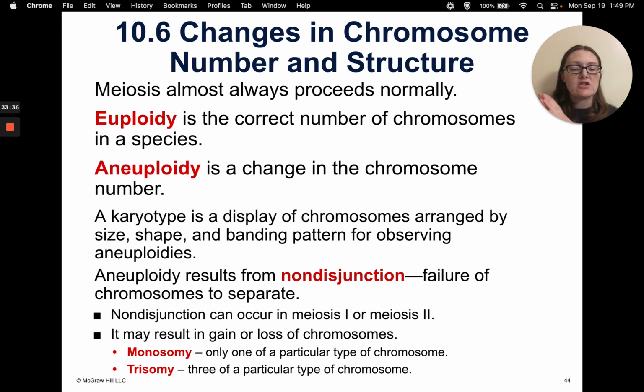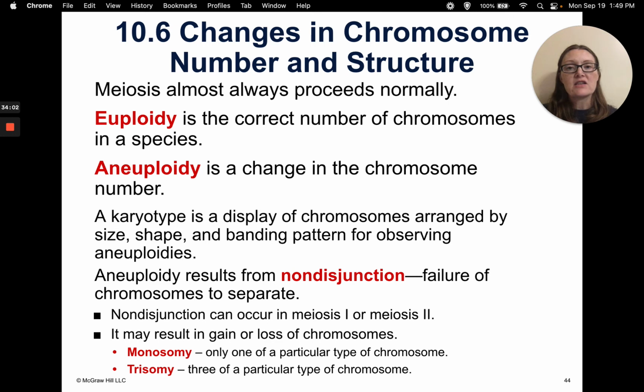One of them may actually pull an extra chromosome into its cell, and that's going to result in too many chromosomes in a couple cells and too few in another. So monosomy is only one of a particular type of chromosome is present, so that you're missing one. Trisomy is that there is an extra, and as I already mentioned, one of the most common ones is Down syndrome, which is trisomy 21.